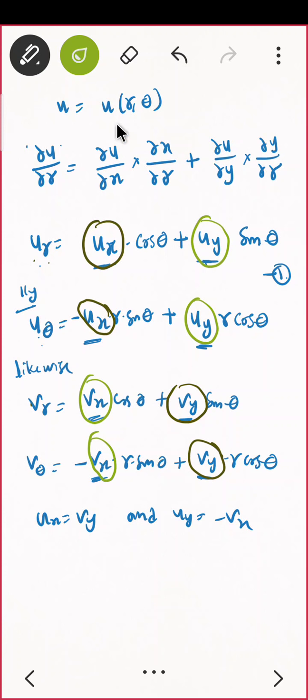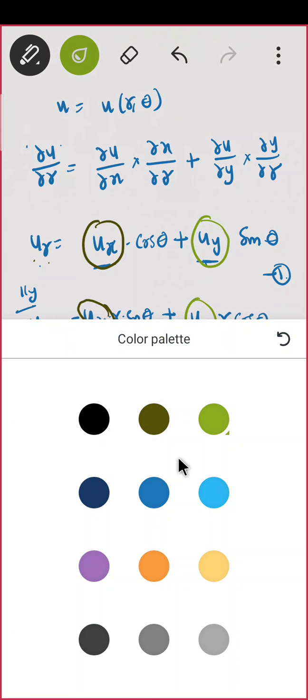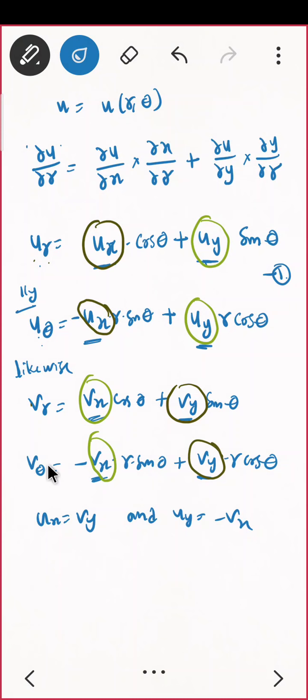See, I'll just go and write. Can I write Vr? What will be my Vr? In place of Vx, what can I put? Minus Uy. So Vr will be minus Uy cos theta plus, what is Vy, that is the same as Ux, sin theta. Do you agree?